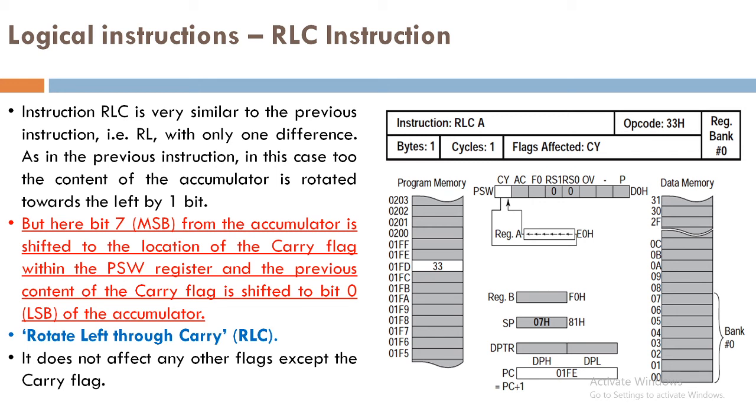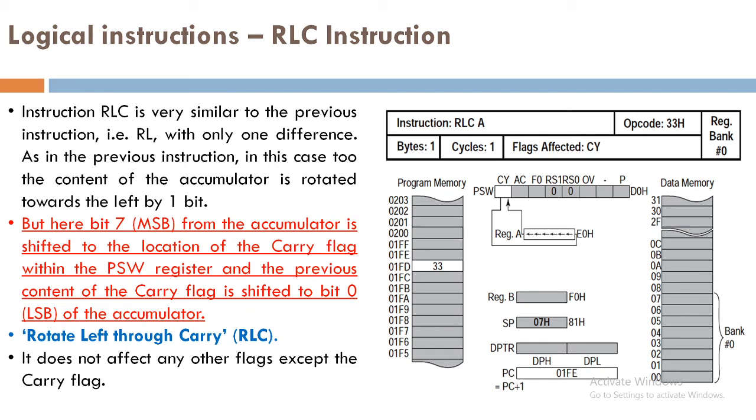So here RL, RLC, RR, RRC. All these instructions look very similar with respect to 8085, but here it is with respect to 8051, which is a microcontroller. In this case, the RLC instruction is very similar to previous instructions, with only one difference.